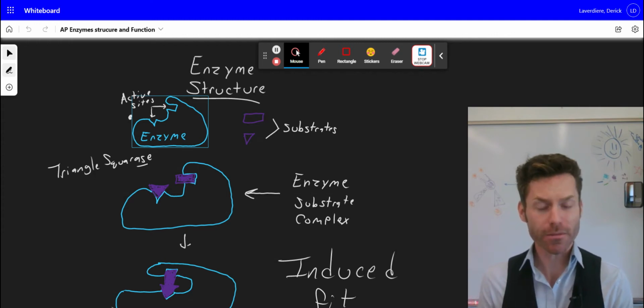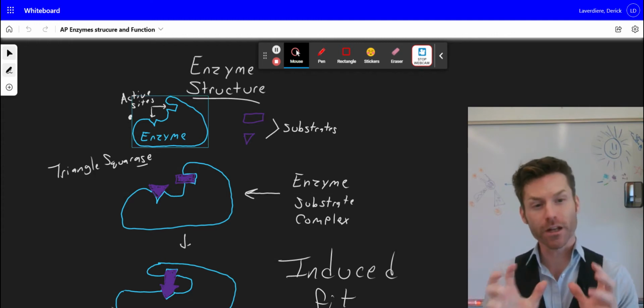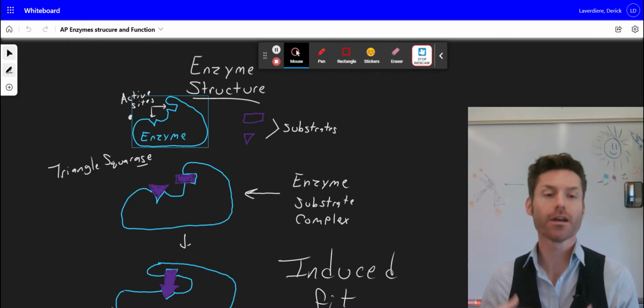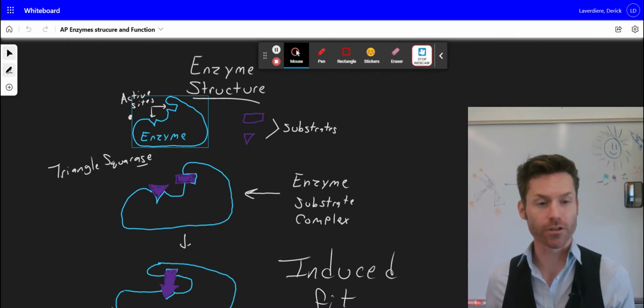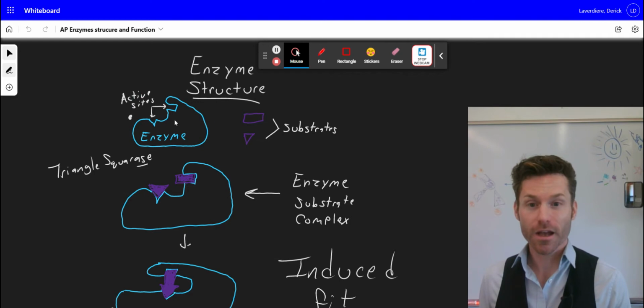Not only are they shaped in a specific way, but the chemical properties of the functional groups that are exposed within those active sites are also complementary to the substrates.